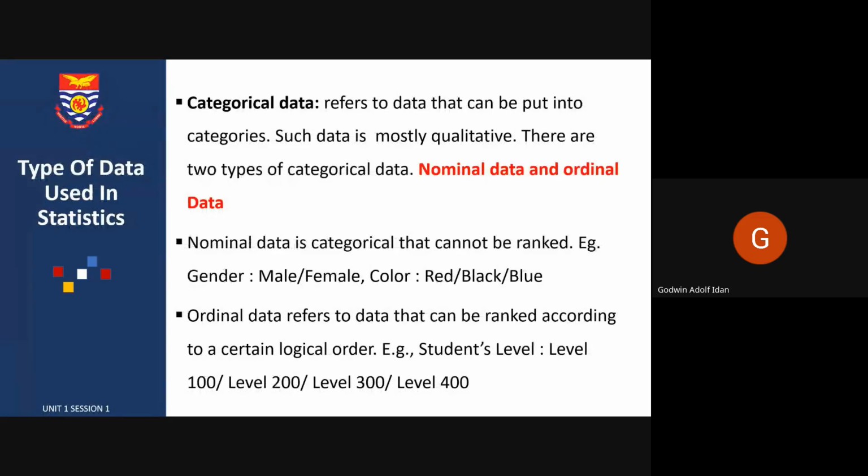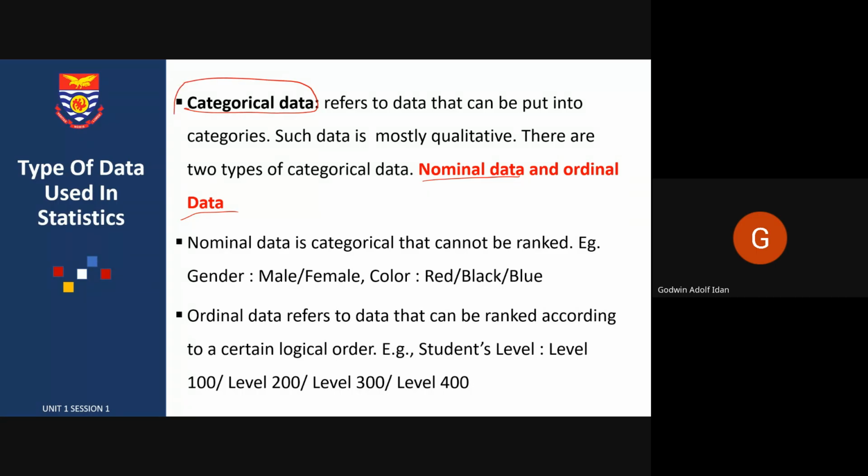So by way of revision, remember we discussed the various data sets, and we said that we have 4 levels of data measurement. Let's do a little extension to that one and say that normally when we have qualitative data, which we can classify under nominal and then ordinal, these 2 data will come together to form what we call the categorical data.